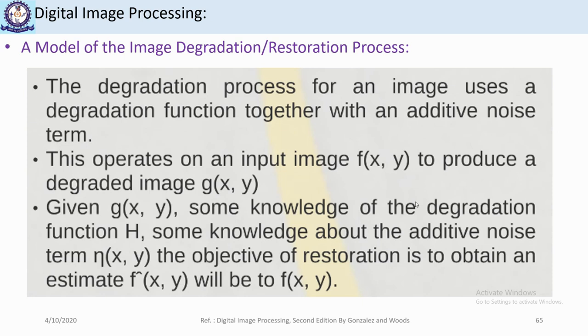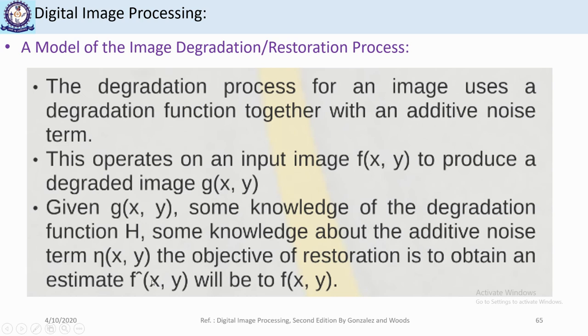Now next, this we already have discussed. Here f(x,y) is the input image, g(x,y) is the degraded image, this function h is called the degradation function, and this eta(x,y) is called additive noise.